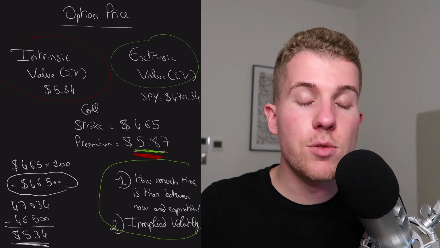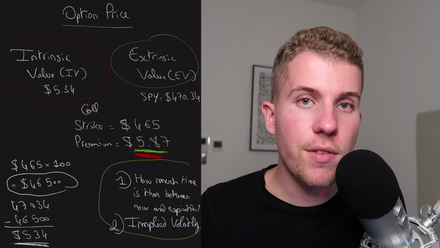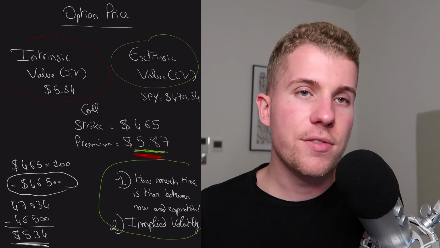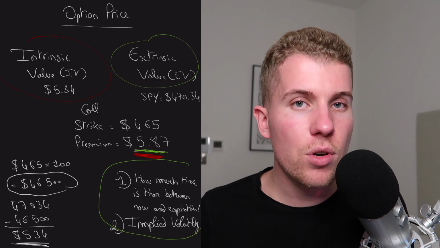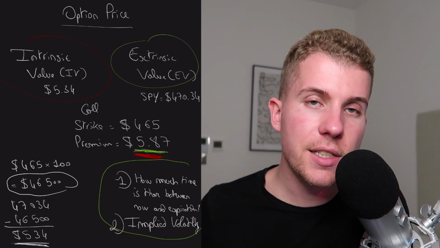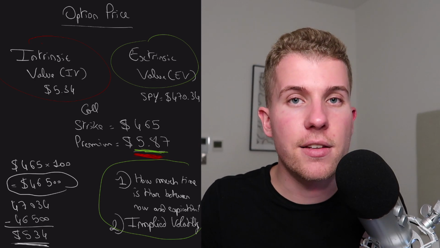So if an option is what we call out of the money, then in the end it doesn't have intrinsic value, it only has extrinsic value. Actually, all options have extrinsic value, but not all options have intrinsic value. Out of the money options only have extrinsic value, while in the money options have extrinsic value and intrinsic value.